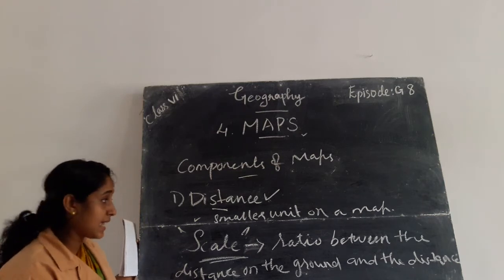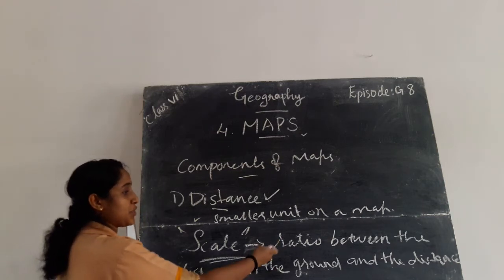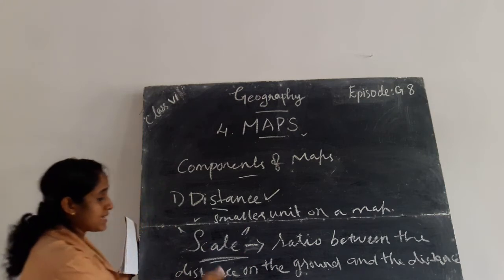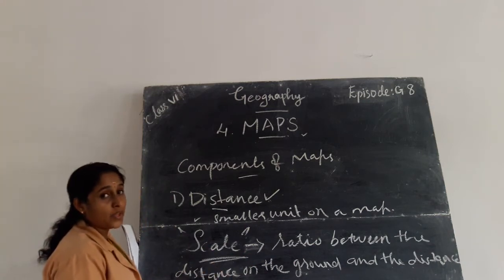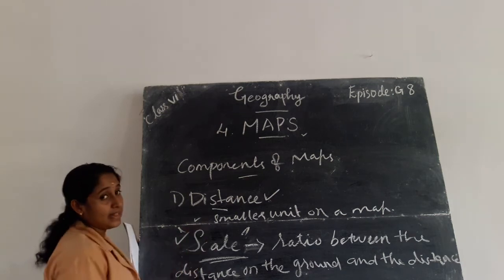So what do you mean by scale? A scale shows the ratio between the distance on the ground and the distance on the map. That is called scale.